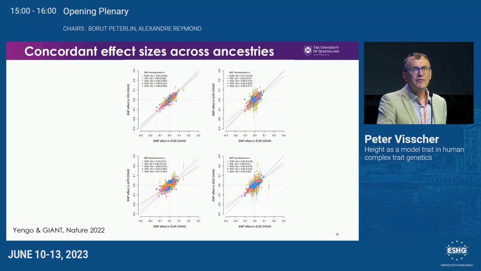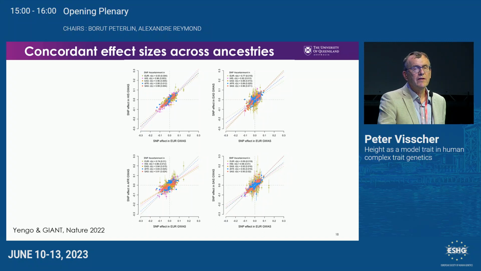We were very interested in this study to look at aspects of genetic variation in the different ancestries. The GIANT consortium had collected data, the majority from European ancestry, but also data from other ancestries: Hispanic, East Asian, African, and South Asian.